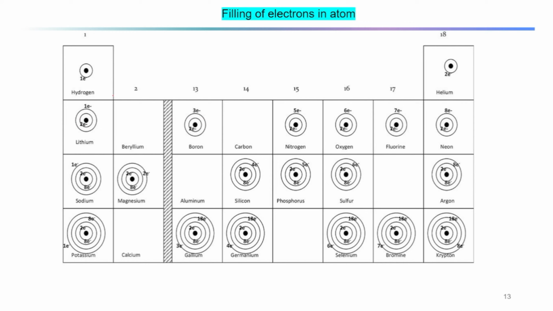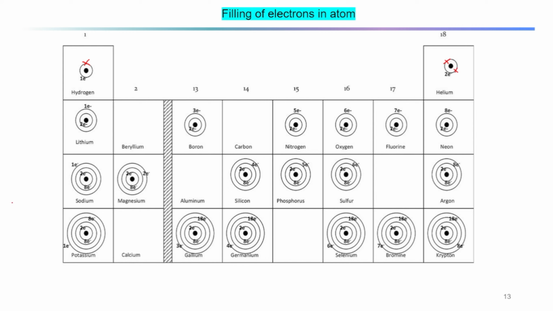If you see this diagram, first we have hydrogen. In the case of hydrogen, we have only 1 electron. That 1 electron will come and fill this first orbit. I'll make a cross sign to denote the electrons. In the case of helium, we have 2 electrons and both will be filled in the first orbit, 1 electron here, another electron here.